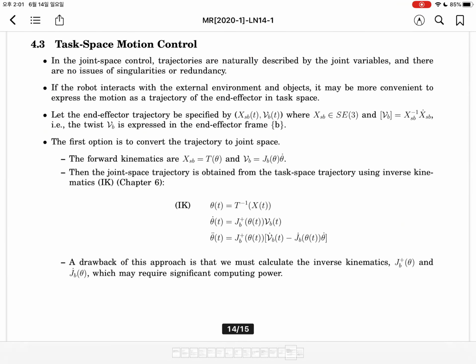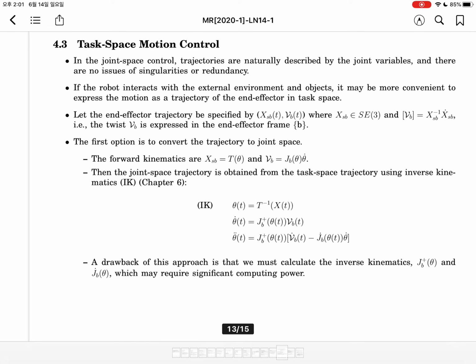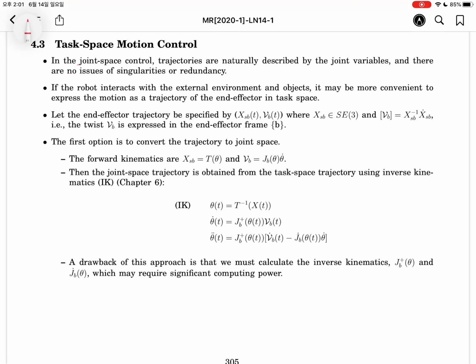Okay, section 4.3, task space motion control. Till now, we have talked about the joint space control, right? In joint space control, trajectories are naturally described in the joint variables, and there is no issue about singularity and redundancy because we are performing the control in joint space.